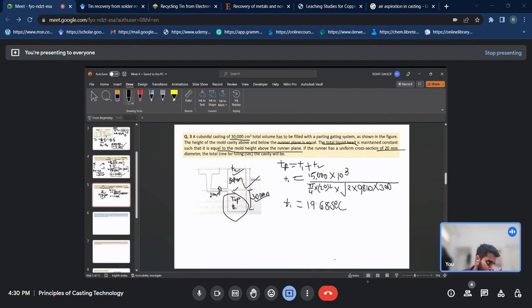So there are two things you can do. Firstly, by direct observation, T filling for the bottom gating will be just twice of this T1.